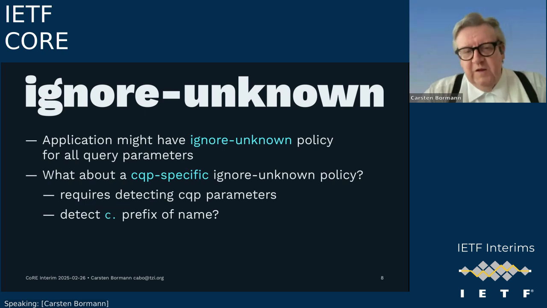One obvious approach would be to detect the C dot prefix, but again, this would only be reasonable if we combine it with the interface type indication that the server actually knows what the C dot thing means. So that would be an easy way to do the ignore unknown policy.